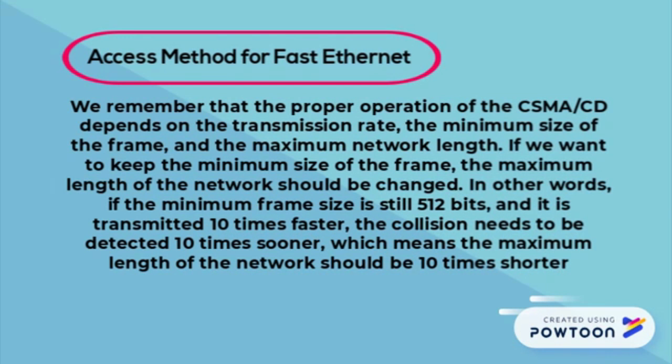In other words, if the minimum frame size is still 512 bits and it is transmitted 10 times faster, the collision needs to be detected 10 times sooner, which means the maximum length of the network should be 10 times shorter.